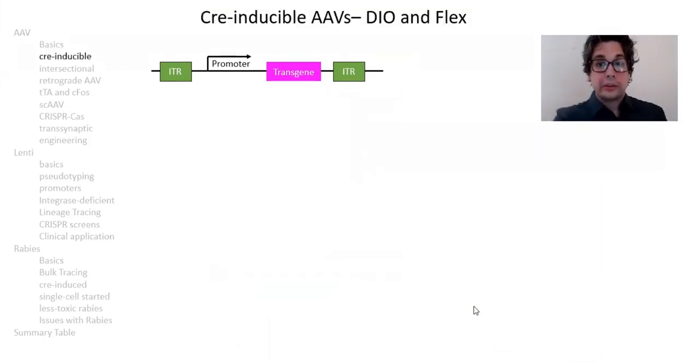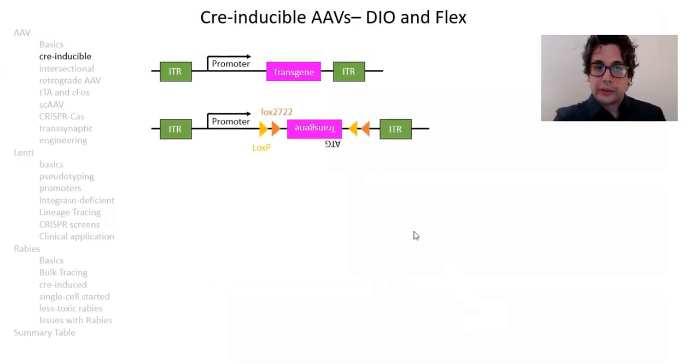Now, this is a DNA virus, so very usefully, you can actually make it Cre-inducible. So the double inverted ORF system was actually developed, as far as I know, and used for the first time, at least extensively, for AAVs. And I'm not going to describe the system in detail.